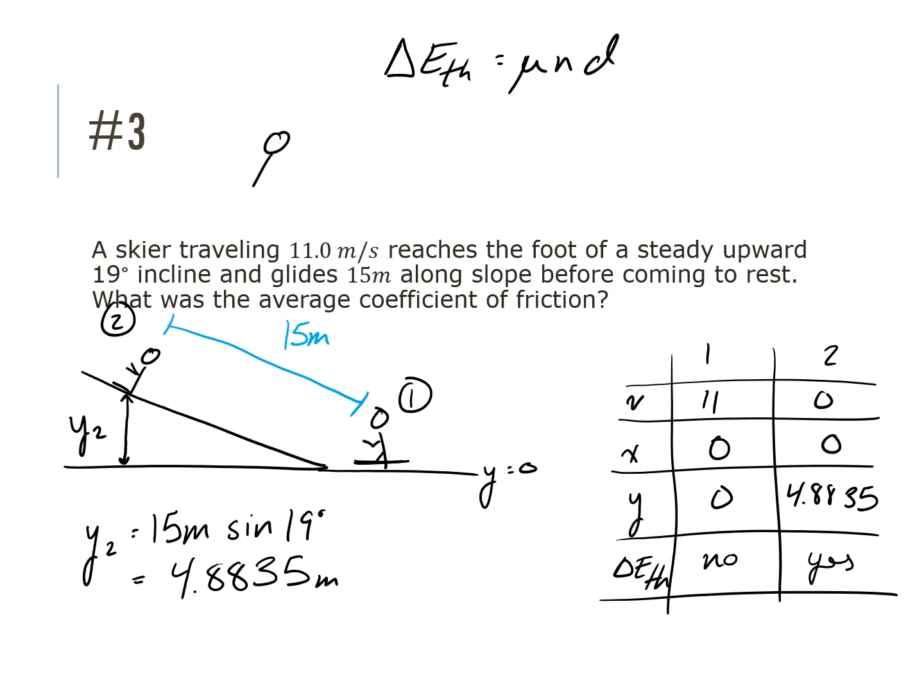If we look at the normal force for our skier, the normal force points this way, gravity points straight down, so the normal force is going to be mg cosine theta. And again, we are given the d value, it is our 15 meters.